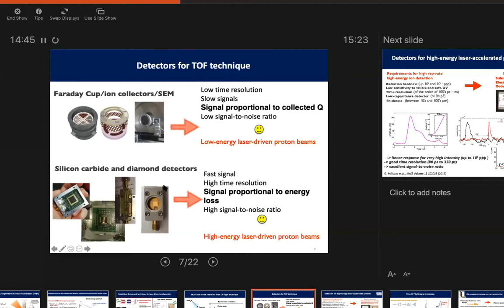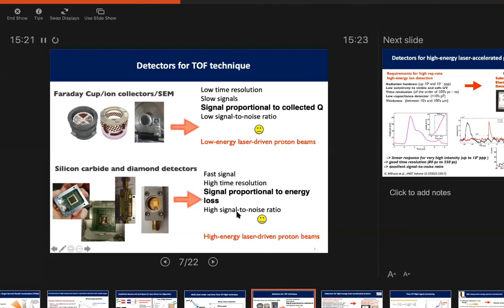That's why recently, also in our group, we use a different kind of detector, semiconductor-like detectors, so silicon carbide and diamond detectors, which have many advantages for the detection of high energy, laser-driven protons. In fact, they are very fast and have very good time resolution, and the signal is not only proportional to the number of particles, but to the energy released in the detector thickness.